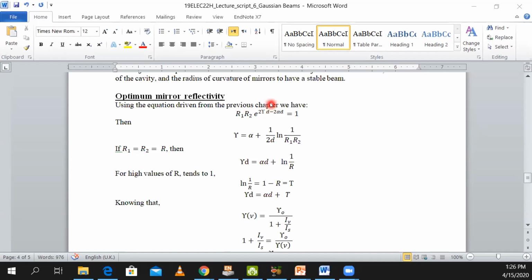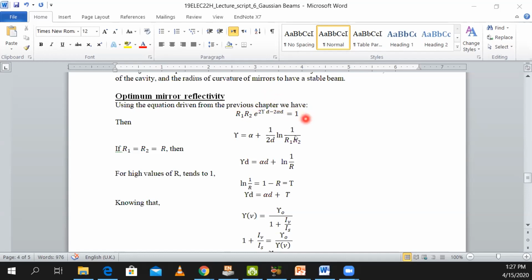But what if you have a gaining factor and an attenuation at the same time? Then this is the general equation. R1 and R2 are the losses in the mirrors. e power 2 gamma d is the amplification term, and e power minus 2 alpha d is the attenuation term.